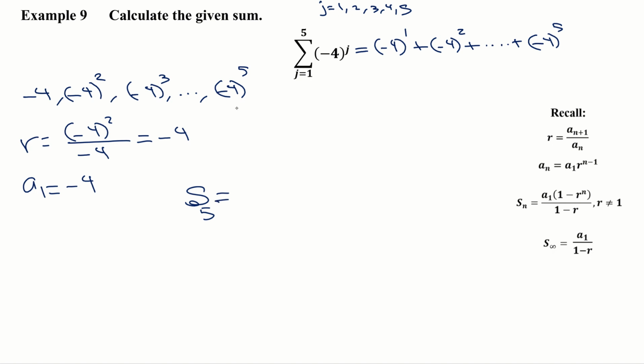So we're going to use the sum formula. Let's get A1, which is negative 4, times (1 minus the common ratio, which is also negative 4. Just happens to be that way) to the power of 5, which is n, and then all over 1 minus, again, negative 4, because that's the common ratio. So we just have to calculate that now.